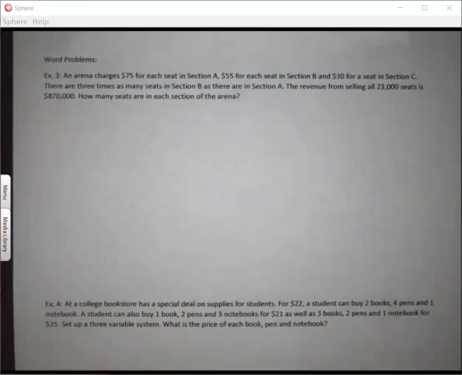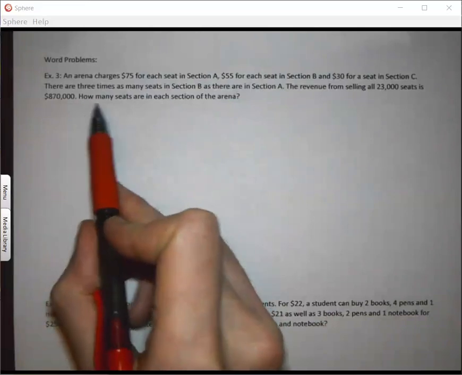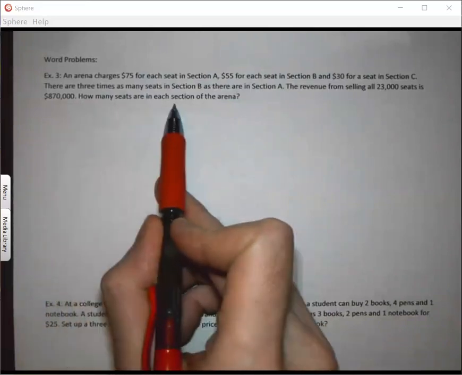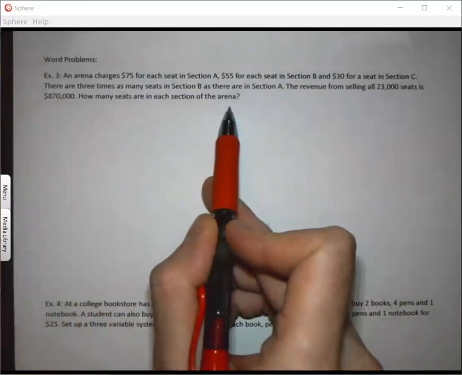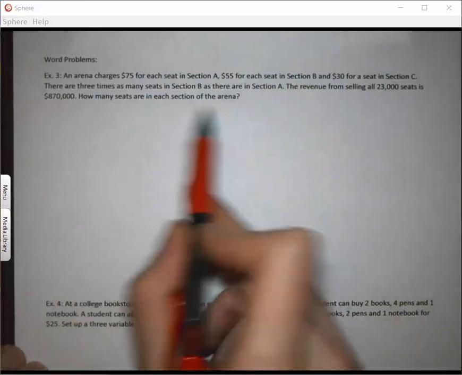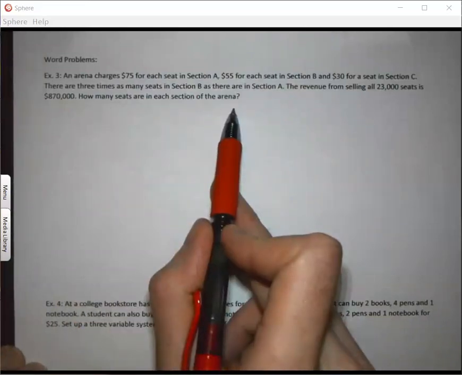Okay. Step 2, we want to define some variables. We don't just pull this out of nowhere. I would say the best place to get it is the very last sentence, the question you want to answer. How many seats are in each section of the arena? That's what we want to know. That's what our variables should be.